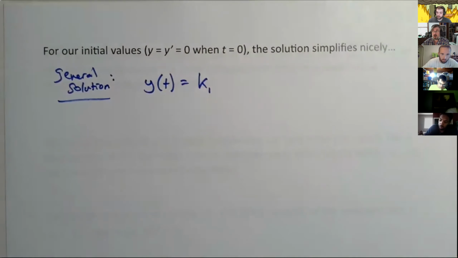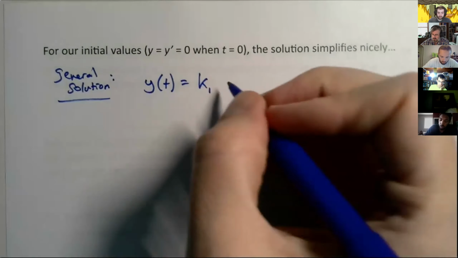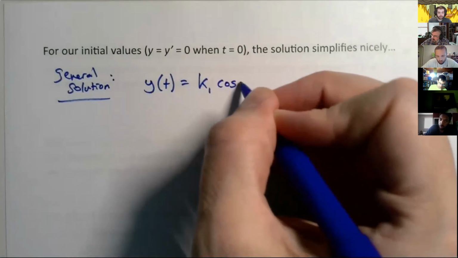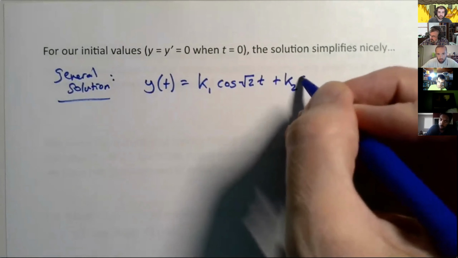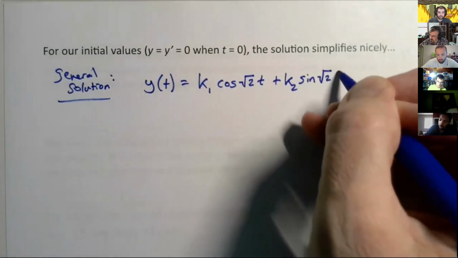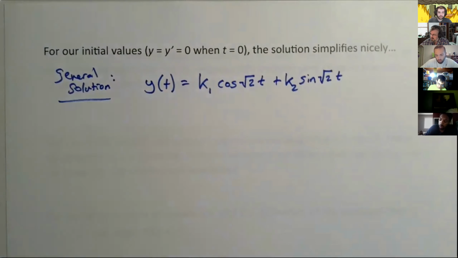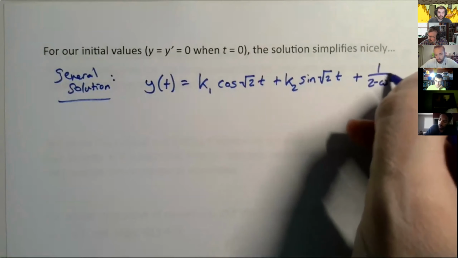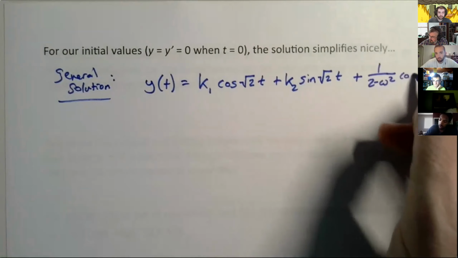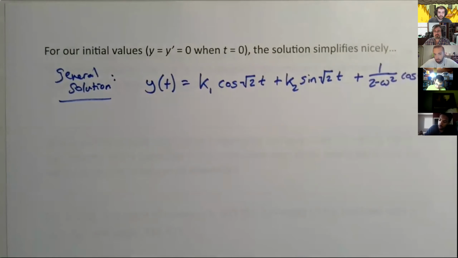Remember, it's our homogeneous part, which is k1 times the cosine of root 2 t plus k2 times the sine of root 2 t, plus 1 over 2 minus omega squared times the cosine of omega t.